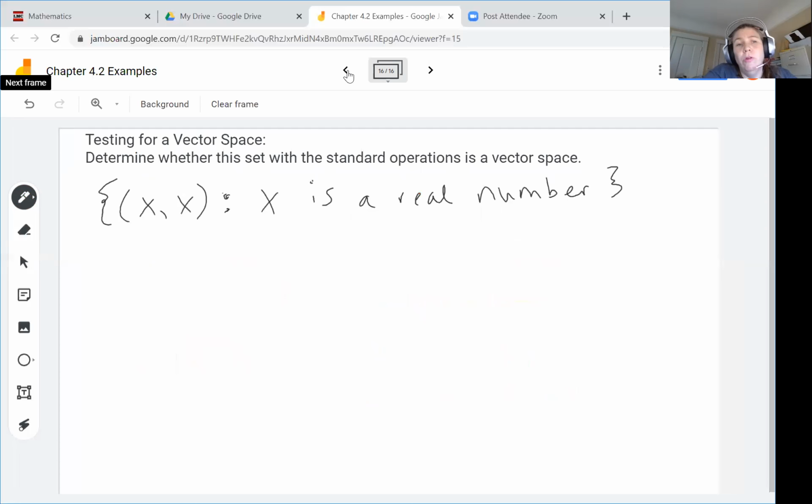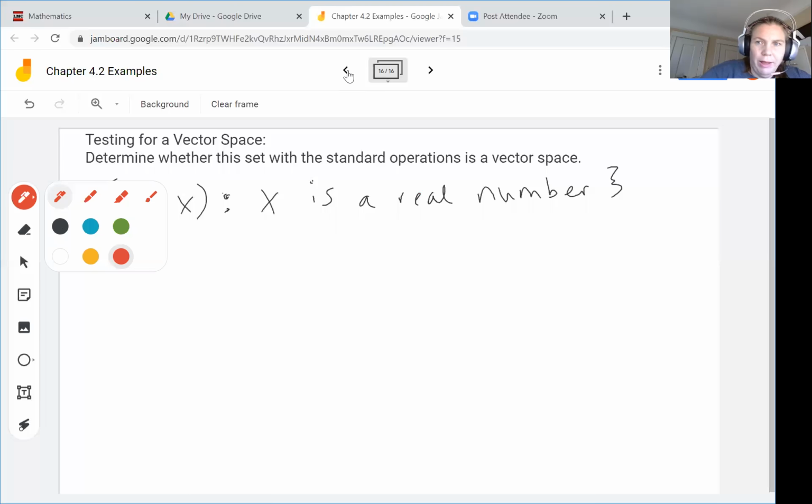All right, now let's look at the ordered pair (x, x), where x is a real number. So we will check all 10 vector space axioms. Let's go through those. I'm going to call my points (x, x) and (y, y).